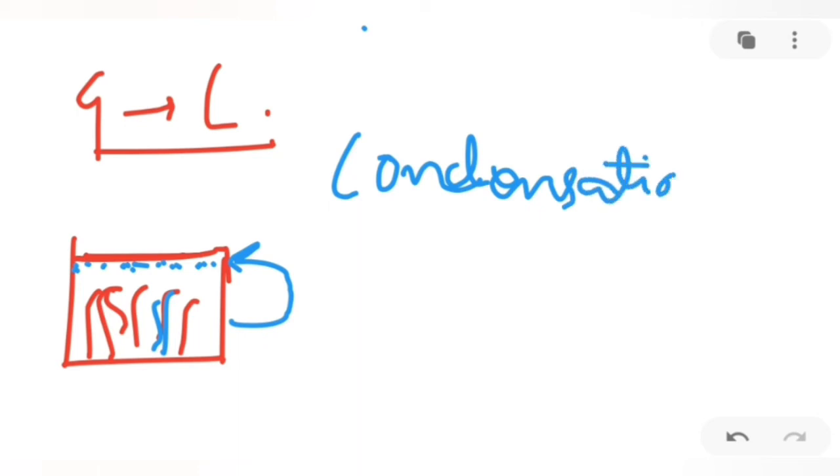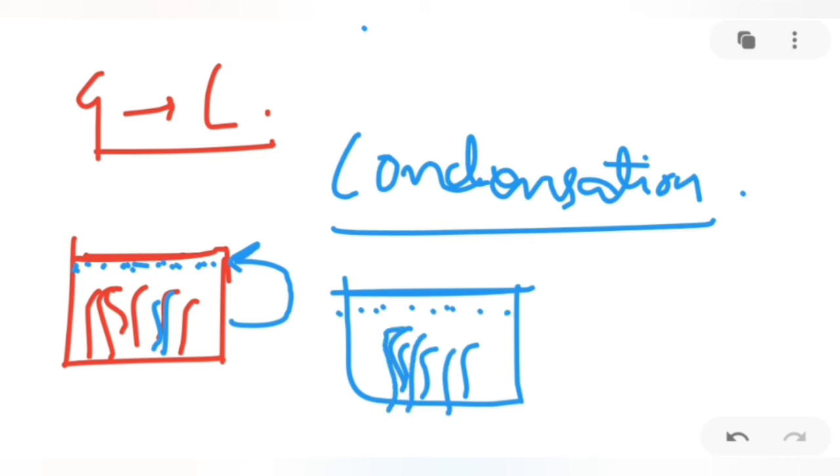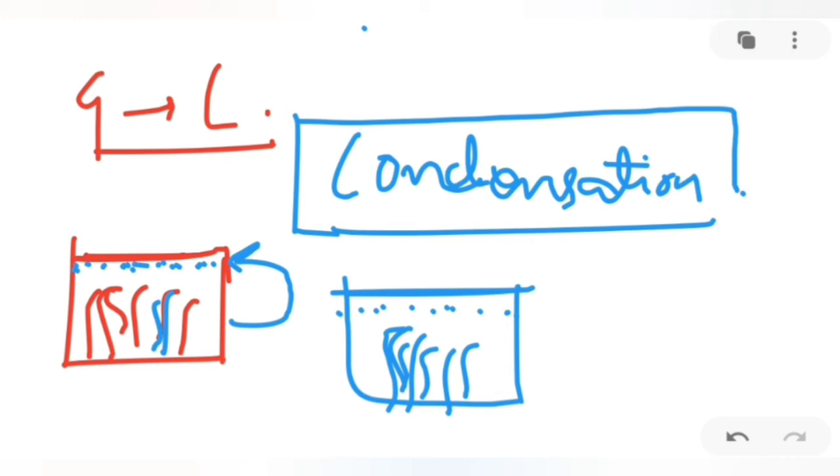If you have some gas or steam in a container and you cover it, then after some time you will see liquid droplets of water on the inner side of the lid. This is because the gas has cooled and condensed to form the liquid. So this is known as condensation.